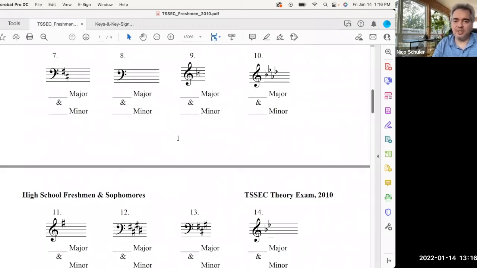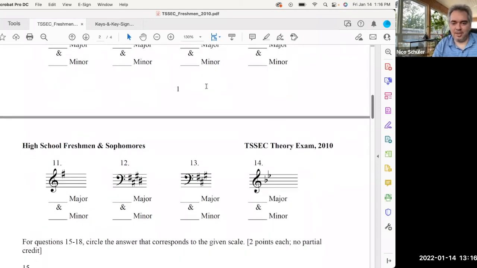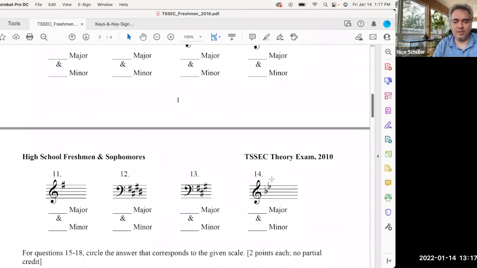Now that doesn't help us if we only have 1 flat. We simply have to remember F major. Right here, we have 2 flats. The second to last flat, which happened to be the first in this case, is B flat. So this key signature is for B flat major, right?